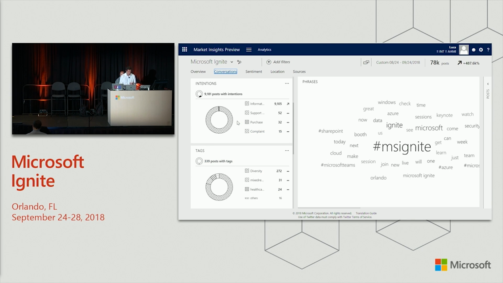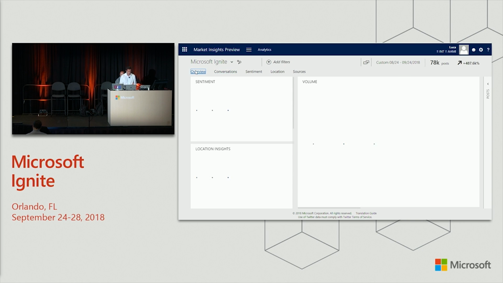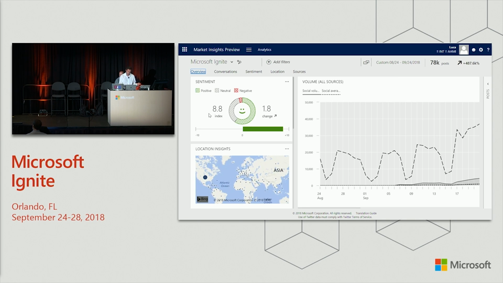But there is more than that, because we can also understand the tone and the register of the conversation. If we look here at the sentiment analysis, we can understand if a person is happy with the comment they are leaving in the social media world, is negative, and so on.